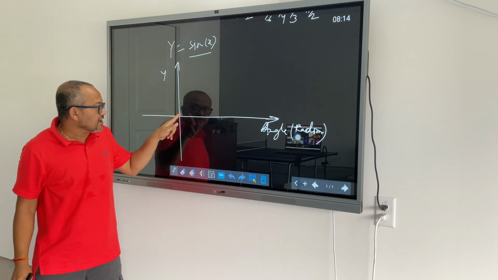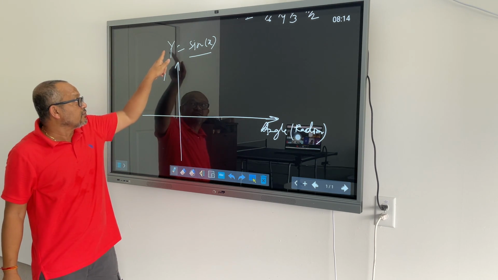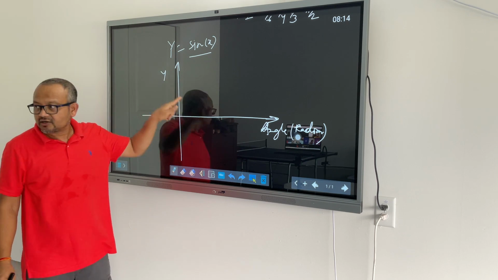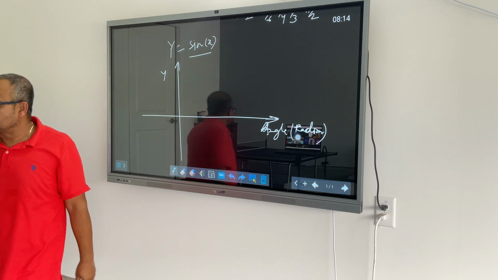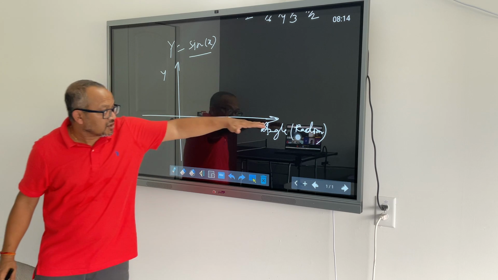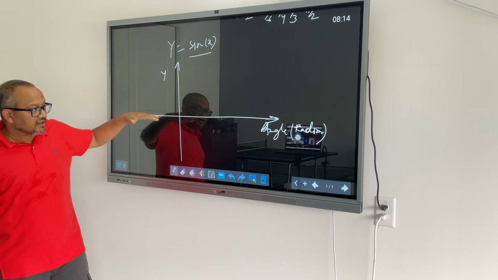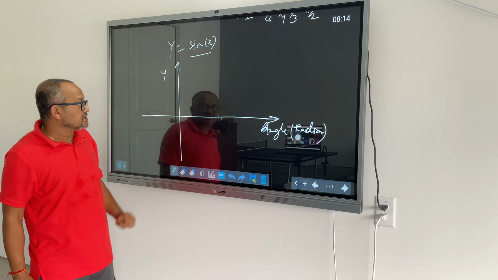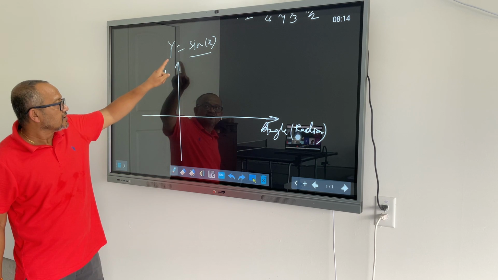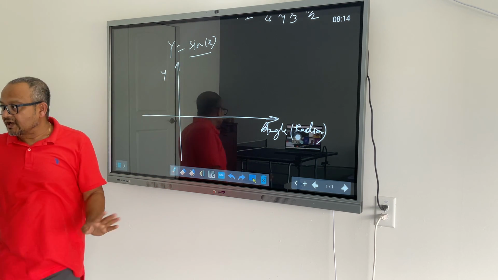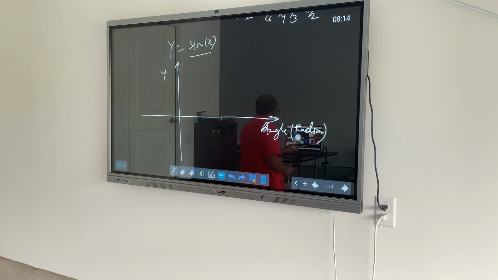Whichever angle you pick, find the corresponding value of y, and that becomes your coordinate. So again, the horizontal axis is your angle in radian, and the vertical axis is the value of sine of that angle. Yeah. So far okay, nothing complicated.